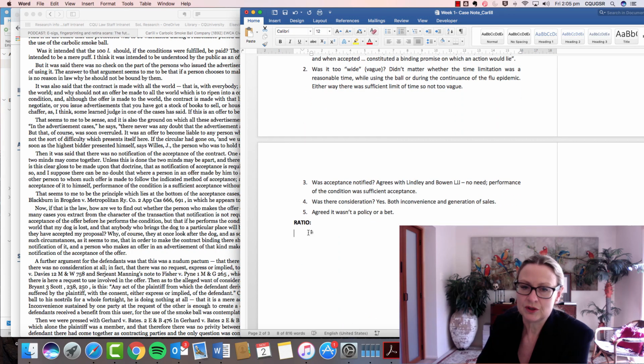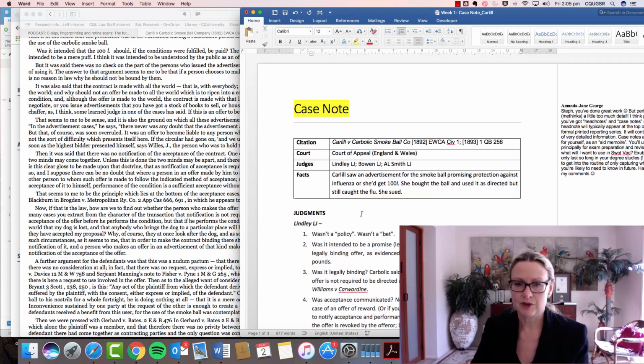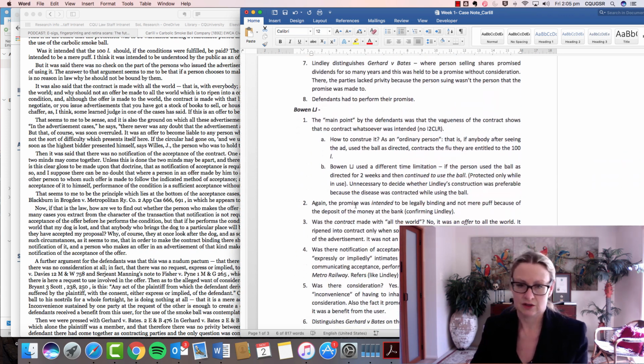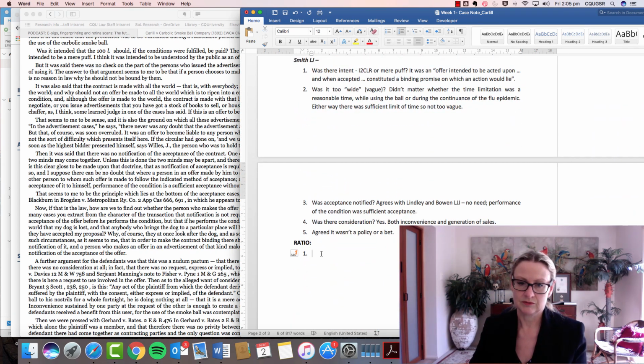So what you do is you go down here and you say to yourself, there were a number of different things that formed part of the ratio of this case. One of them was whether it was intended to be a binding promise, a legally binding offer. Okay, so was it intention to create legal relations?